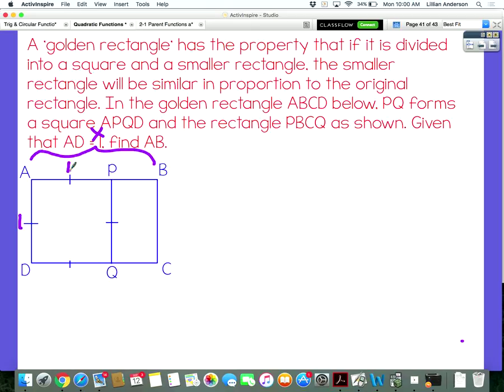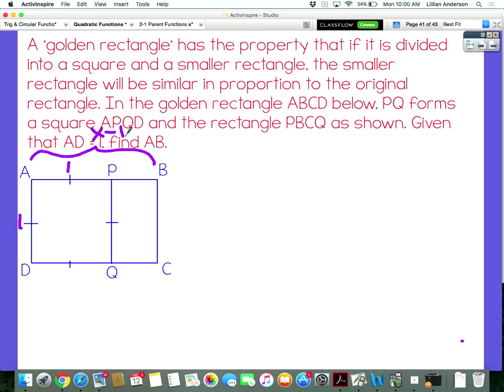Well, P to B would be X minus 1. Sorry, A to B is X minus 1. Okay. Not quite. Well, I guess you could say that. All right. But I still need an equation.